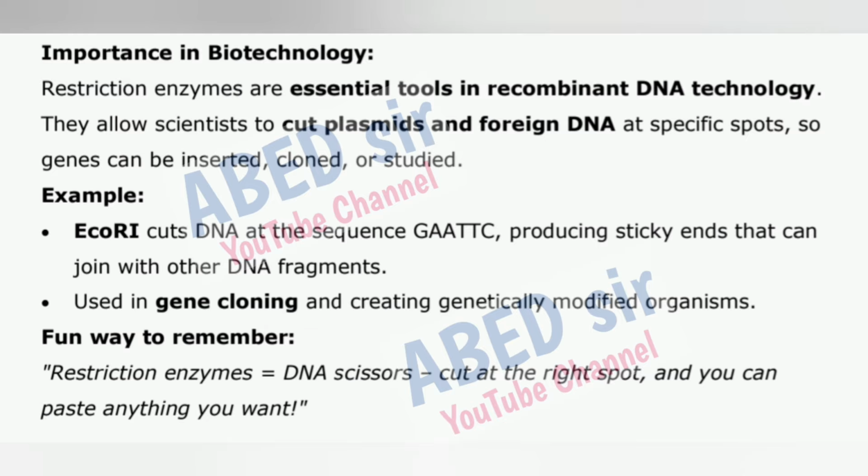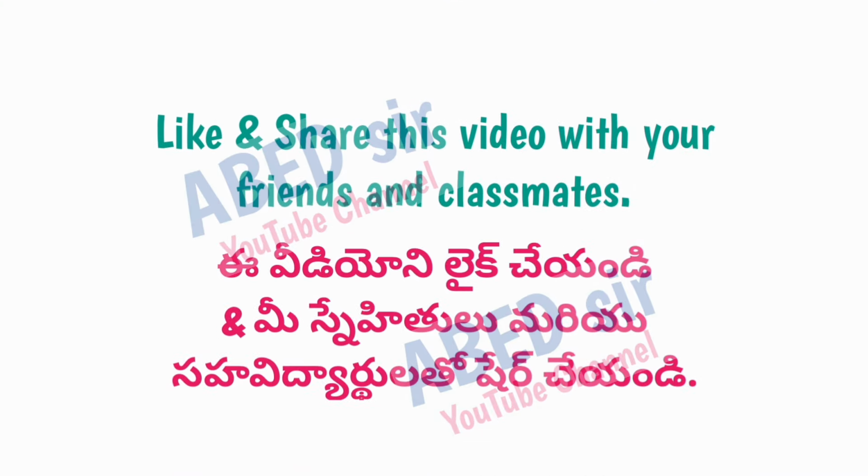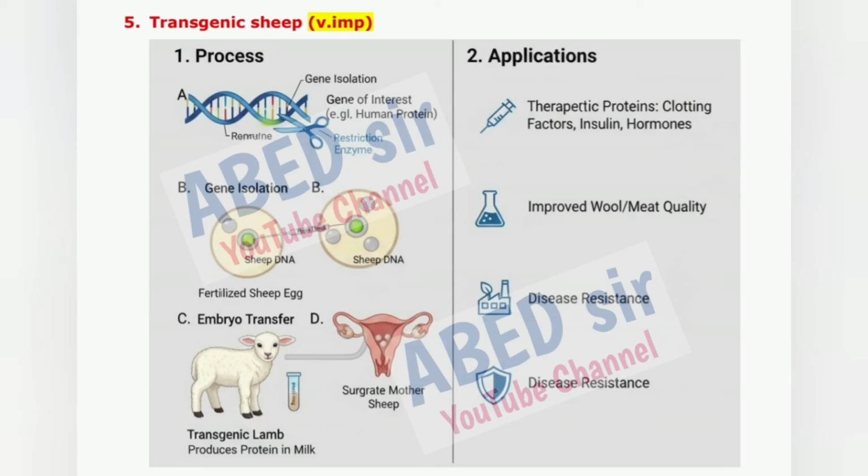Used in gene cloning and creating genetically modified organisms. Fun way to remember: restriction enzymes equal DNA scissors, cut at the right spot, and you can paste anything you want.